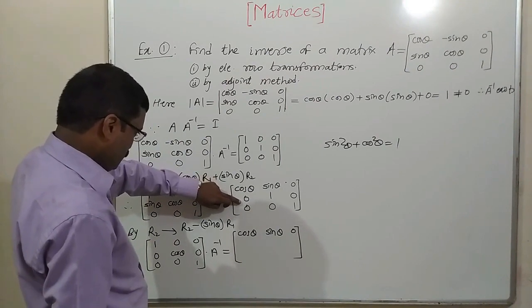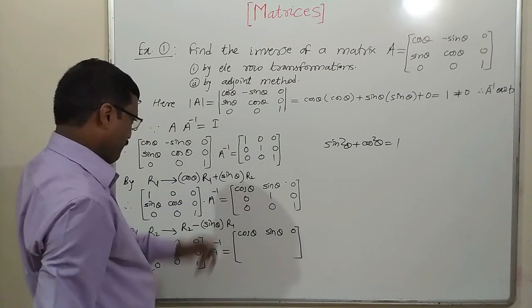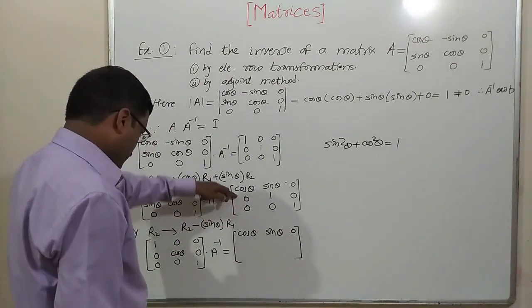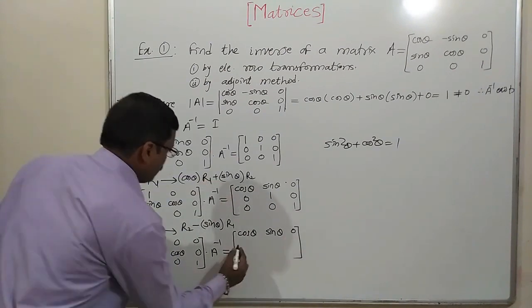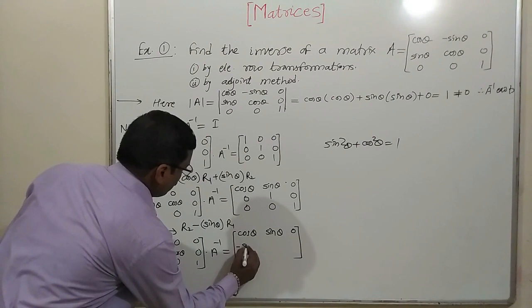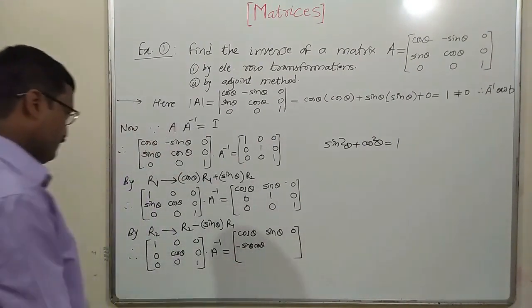So 0 minus sin theta into cos theta. This minus sin theta into cos theta. So we get here minus of sin theta into cos theta.